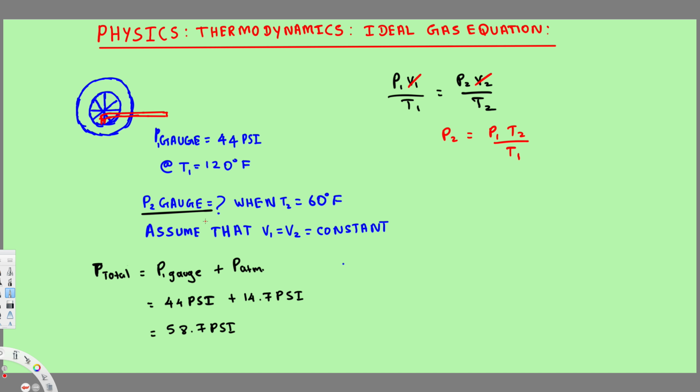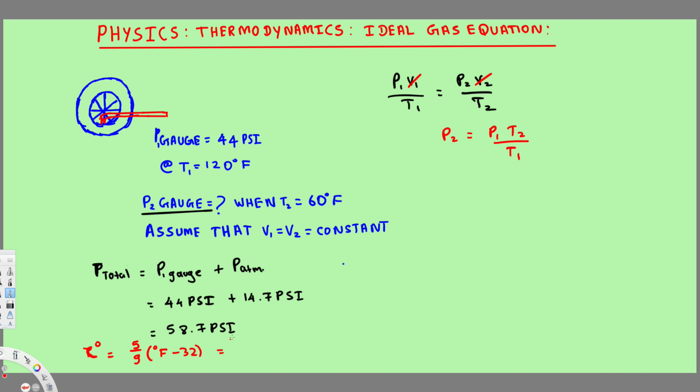So we can keep this in this unit, and let's change the temperature into Kelvin. To turn degrees Fahrenheit into Kelvin, first we have to turn it into Celsius, right? To turn this into Celsius, we have an equation. Degrees Celsius is equal to 5 over 9 times degrees Fahrenheit minus 32. This is the generic equation to convert degrees Fahrenheit into degrees Celsius.